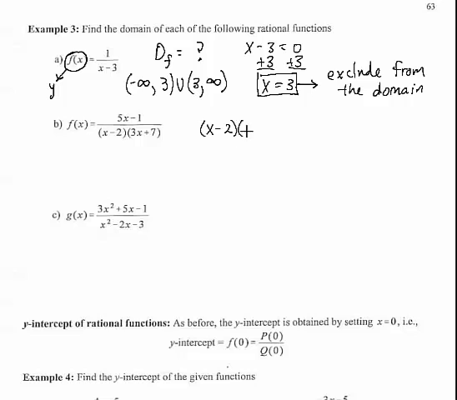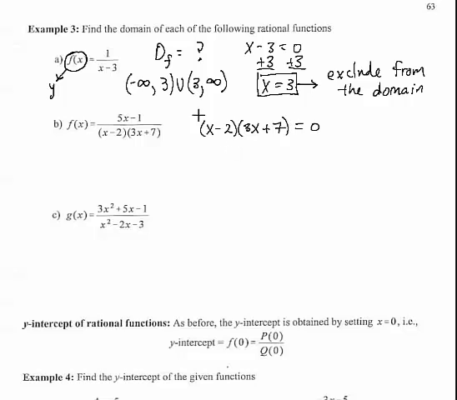As a whole, for part B, this is our polynomial in the denominator, but we were given a break and it's already factored for us.